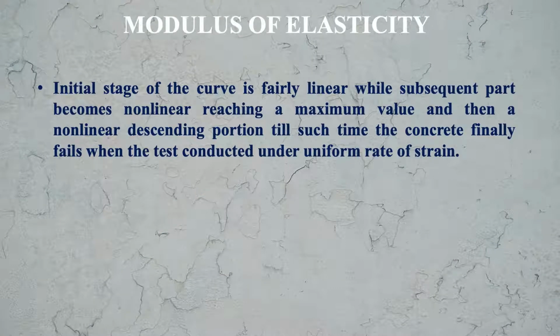So the initial stage of the curve is fairly linear, while subsequent part becomes non-linear, reaching a maximum value as you saw in the graph, and then a non-linear descending portion till such time the concrete finally fails when the test conducted under uniform rate of strain. So this is the pattern of this graph.